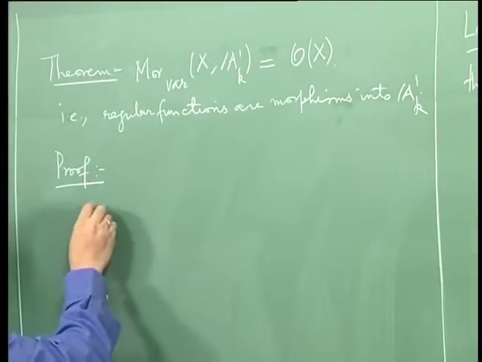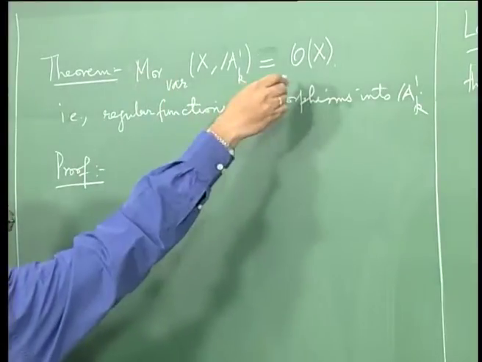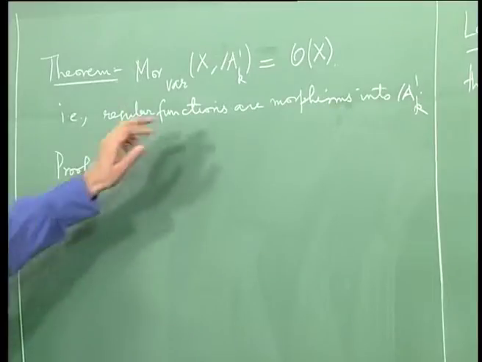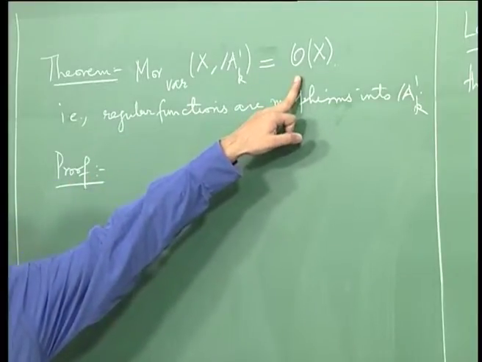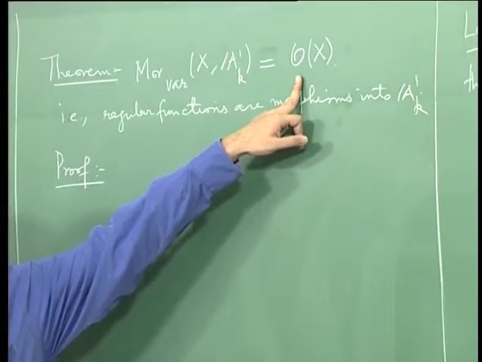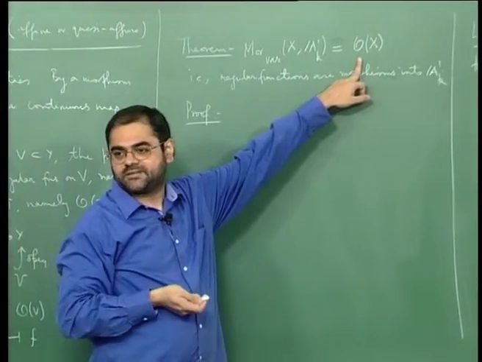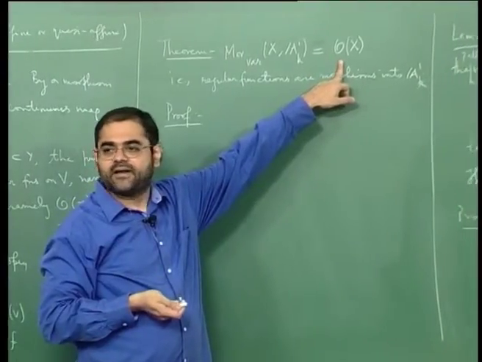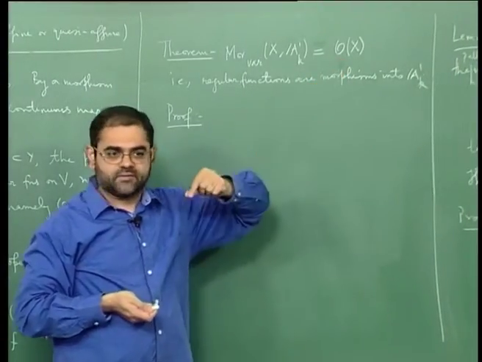So what is the map? Of course this map is the identity map. But the only thing is that when you take a regular function on X, the target is taken as K, and for the target K you don't care about the topology. But if you put a topology on the target K and call it A1, then you know a regular function is continuous.